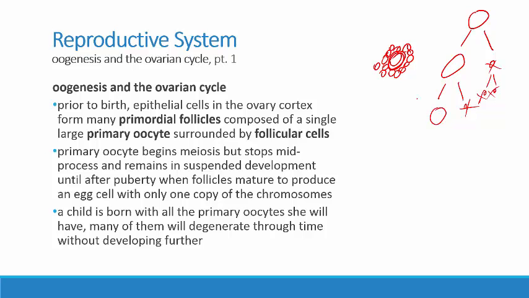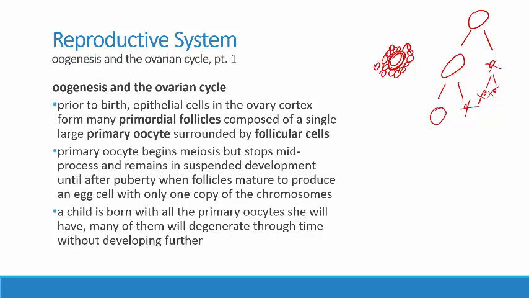So this process begins, but it stops mid-process, and the oocyte remains in suspended development until after puberty. After puberty, every month a set of follicles will mature to produce eventually only one follicle that makes it, that will produce the egg cell, the egg of the month, if you will.